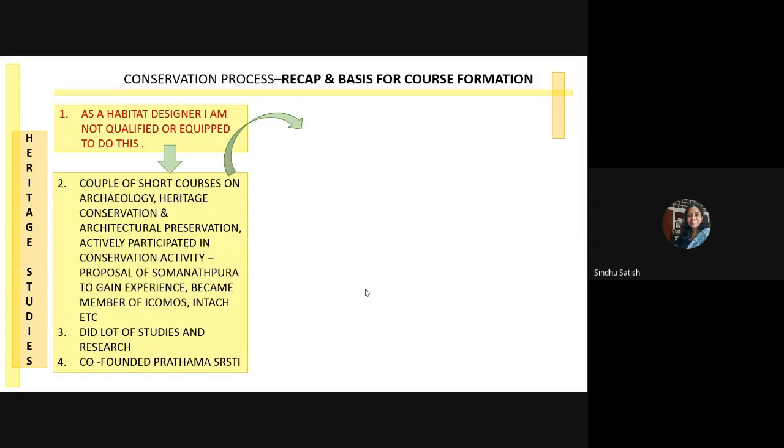Our proposal was to document these houses in terms of their plan and aesthetic value. We did a report and sent it to the government, requesting certain typology and guidelines for people, and also financial help, which was largely required by the locals there to restore and retain their heritage around the temple.